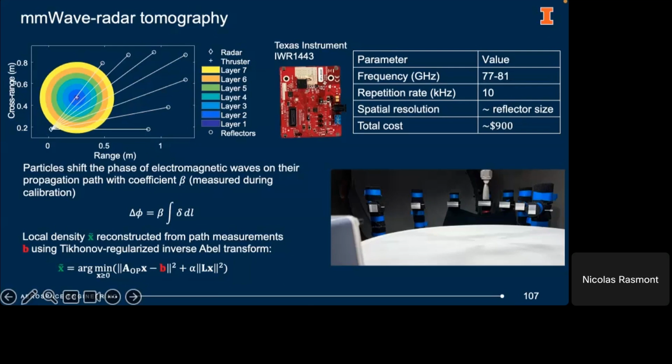If we do this, we can use an inverse Abel transform to invert those path integrated measurements into local concentration, according to the equation that you see here. Next slide, please.